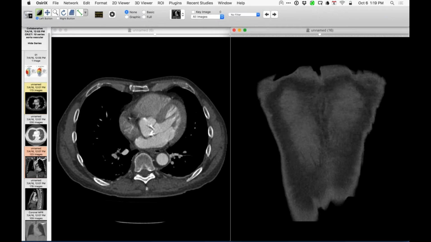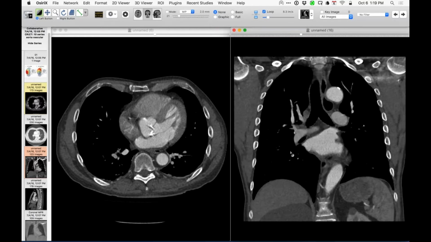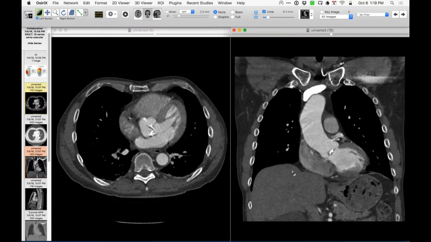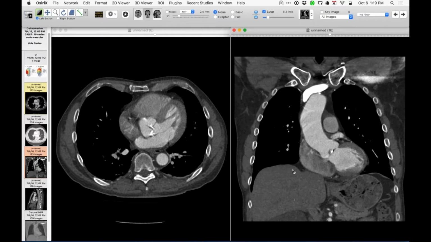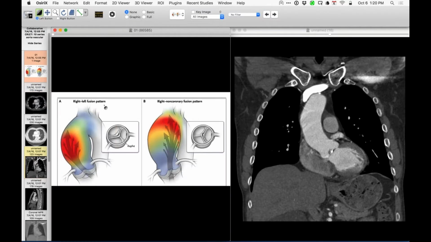I'll bring in the coronal projection here to show the pattern of dilatation of the ascending aorta. This is the one I think we see most frequently, where the dilatation involves the right lateral wall of the aorta, this convexity of the aorta, and there is the notion of bicuspid aortic valve with an aortopathy.